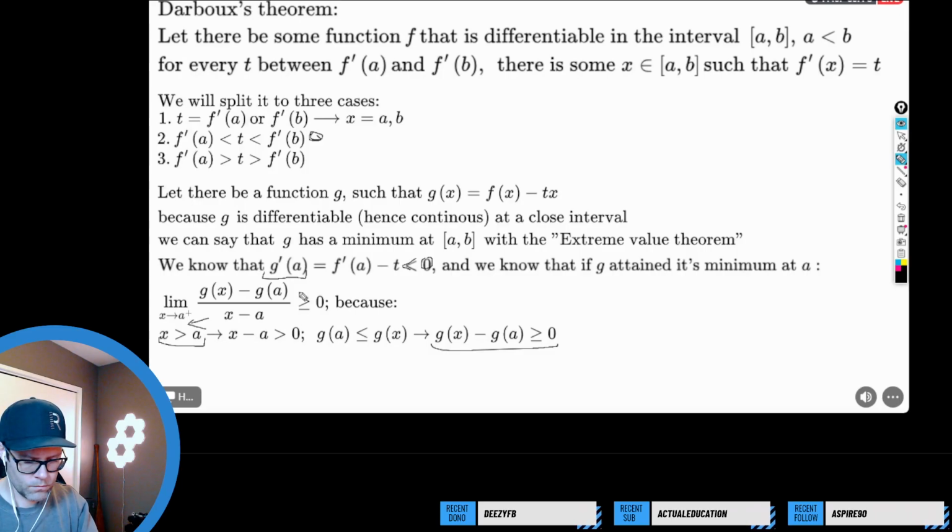So we know that it is larger than 0, but we have a conflict, larger than 0 and smaller than 0, so g does not have a minimum at point a.